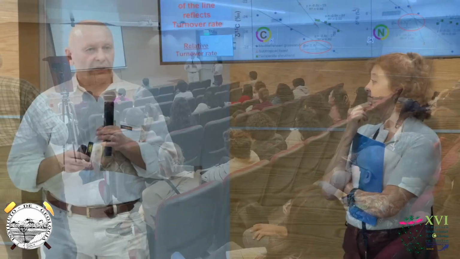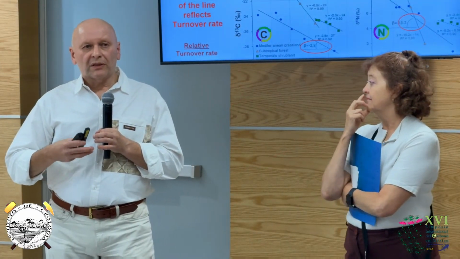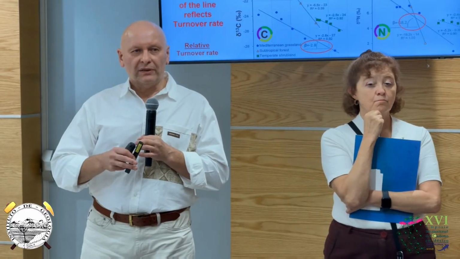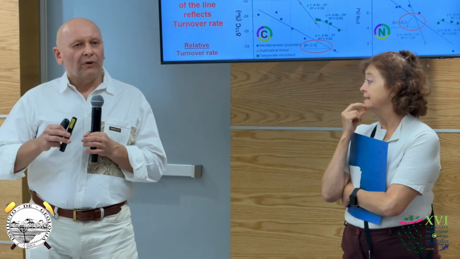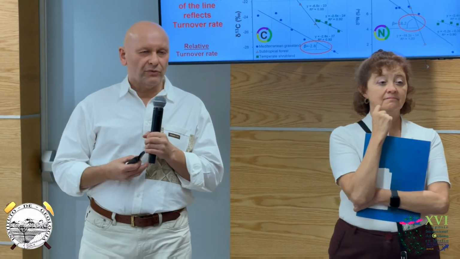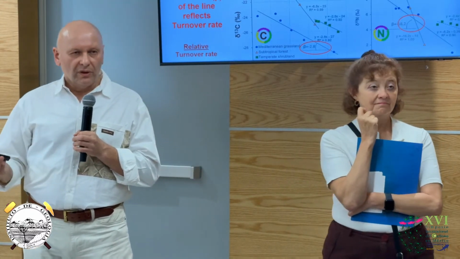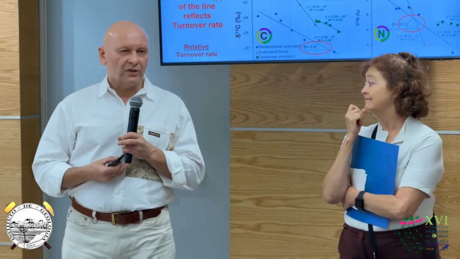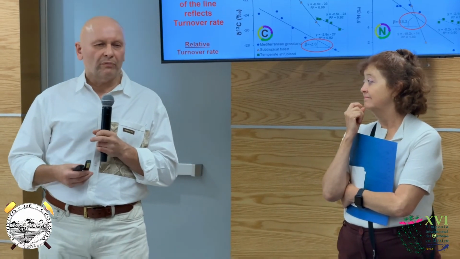So I fully agree that if there are changes of the type of plant photosynthesis, C3 or C4. So you mentioned maize was cultivated there. It was typical C4. It has usually an isotopic composition of -12, -15. So in between, depending on the water content in soil.